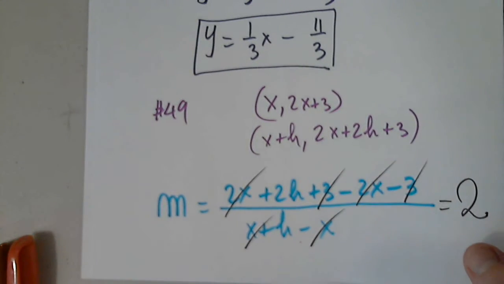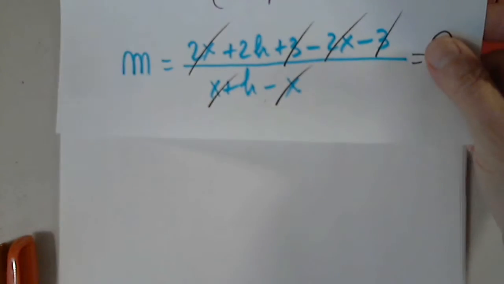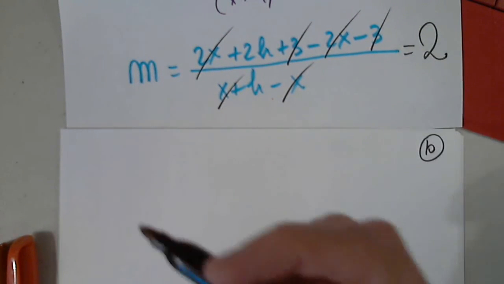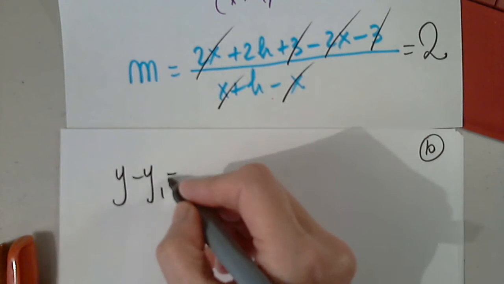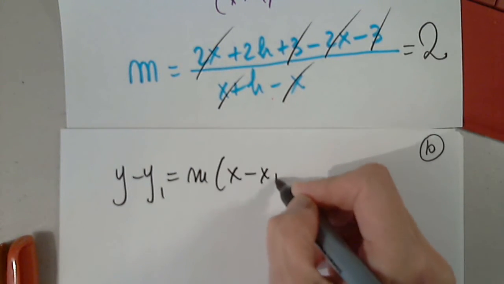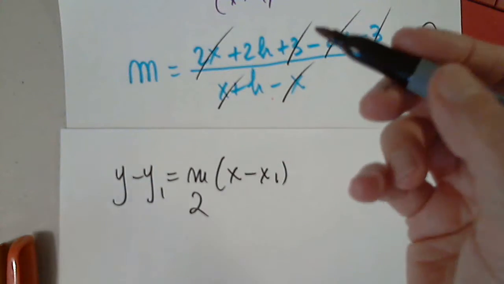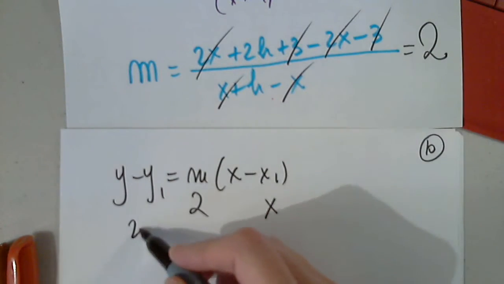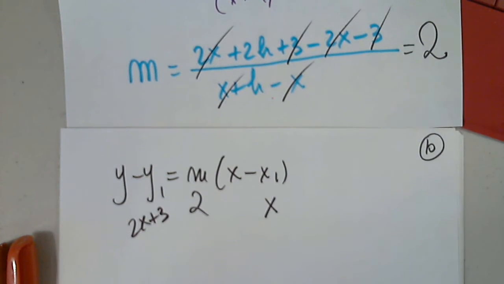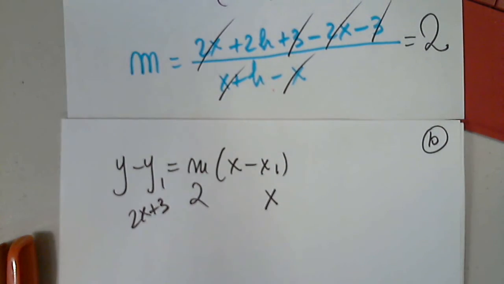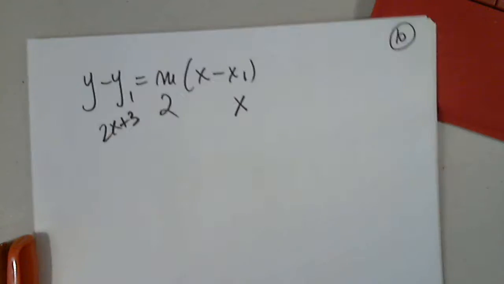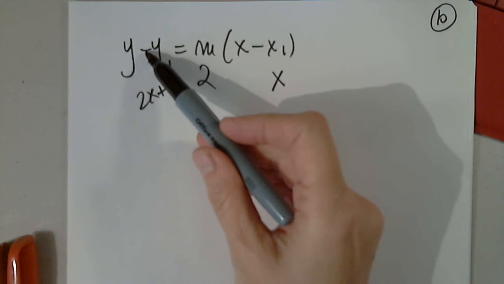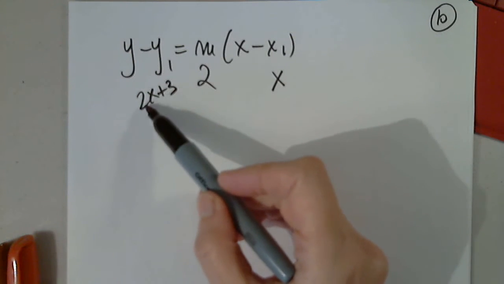So now we are going to use the point slope form. y minus y1 equals the slope times x minus x1, where the slope is 2. I'm going to choose, obviously, the first point with x and 2x plus 3. Remember, there is a minus that has to be distributed.